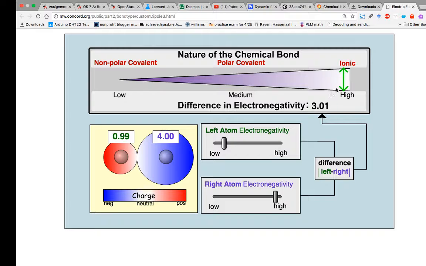But notice that the definition of ionic bond compared to polar covalent, compared to nonpolar covalent, is very fuzzy here. There isn't a defined gap or a defined line that divides ionic, polar covalent, and nonpolar covalent. I can change the electronegativities so that, look at this green double arrow right here.